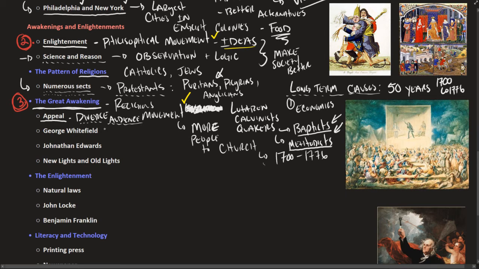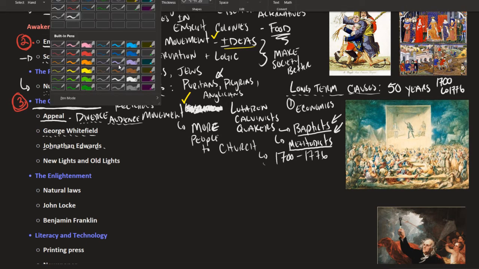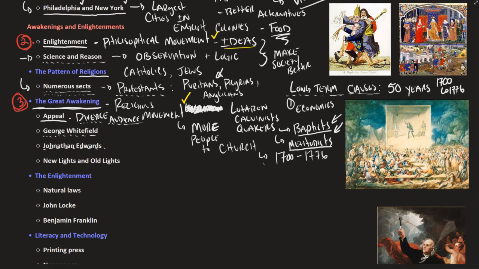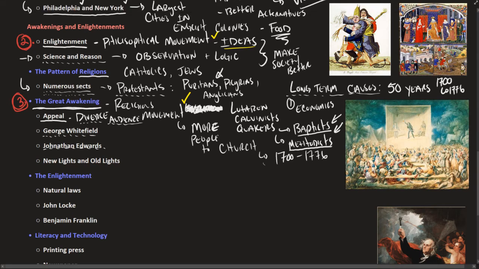George Whitefield and Jonathan Edwards are the most famous Great Awakening revivalists. Pretty much the Great Awakening was like a traveling show. They would hold traveling sermons, or they call them revivals. You can kind of think of them as being like the festivals of the 1700s, right?